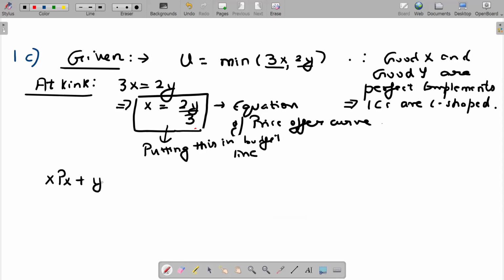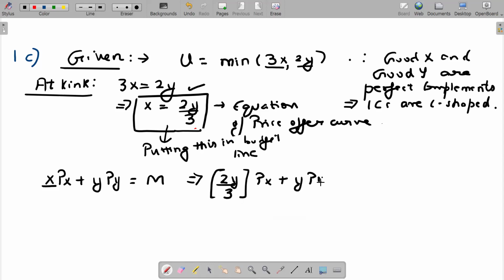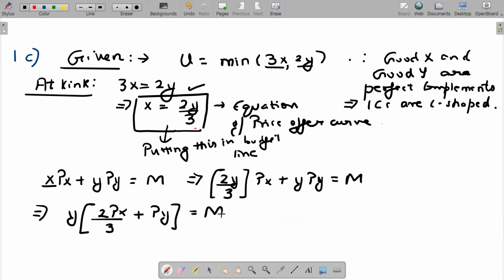X Px plus Y Py equal to M, where M denotes the income, Px and Py are the prices. This implies instead of X, I can write 2Y by 3. So 2Y by 3 times Px plus Y Py is equal to M. I can take Y common. So inside the bracket, I get 2Px by 3 plus Py, equal to M.